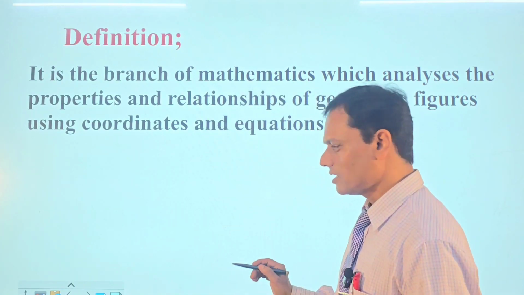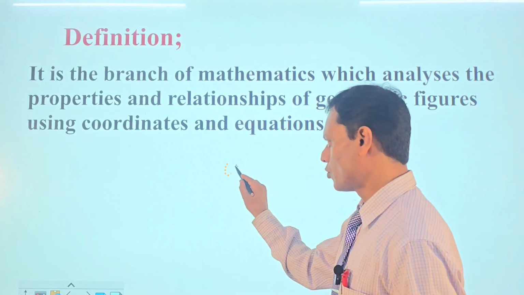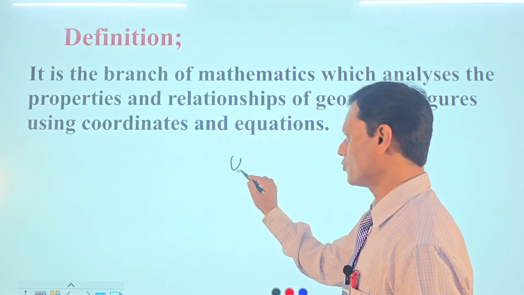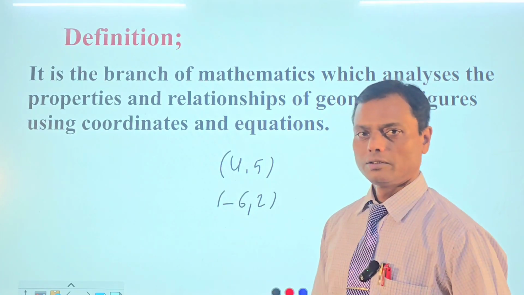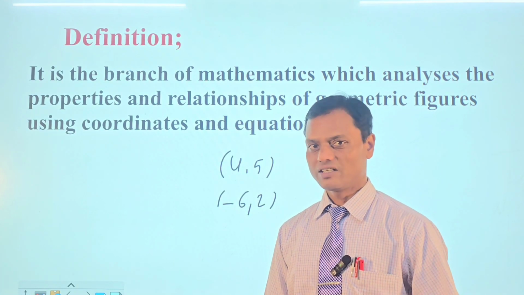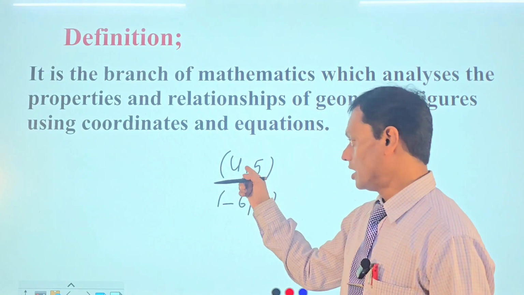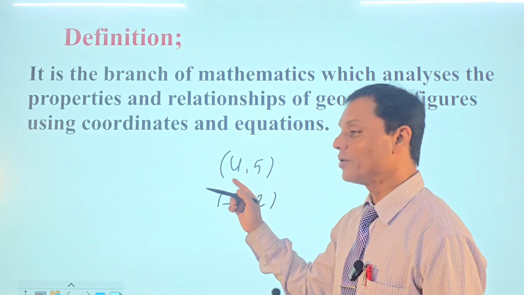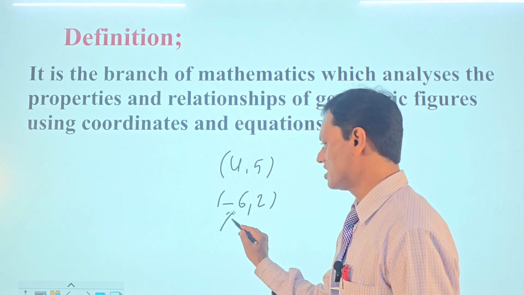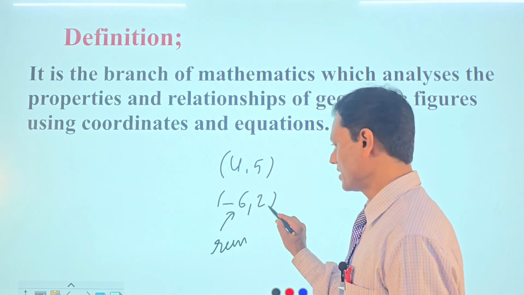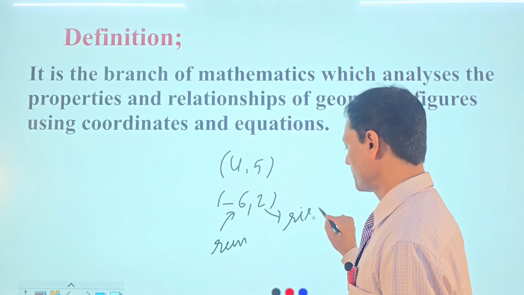You have seen that in coordinate geometry we have 4 comma 5, isn't it? That is 4 comma 5, minus 6 comma 2, so many coordinates. What do you mean by this? If you have 4 comma 5, it means 4 is run and 5 is rise.